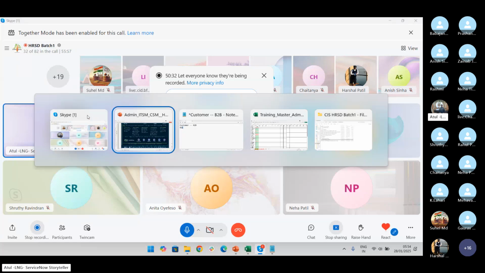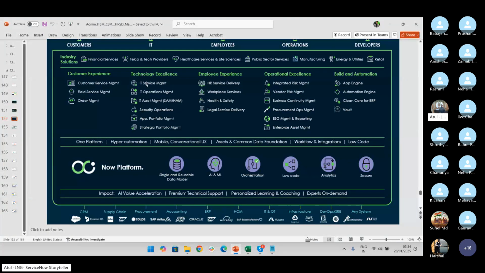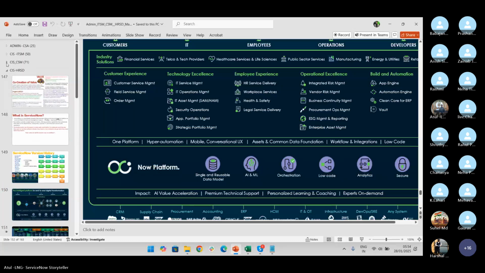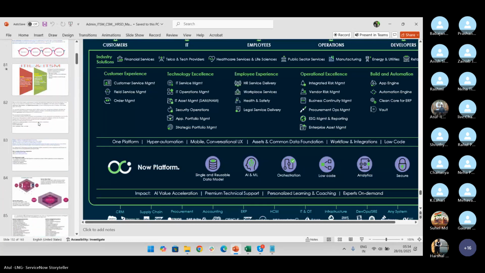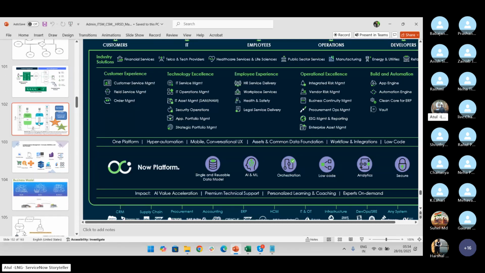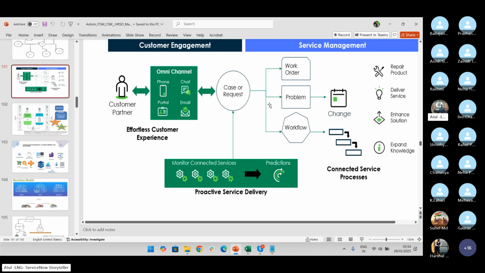So as of now, only CSM and ITSM have a linking. Let me show you something for the understanding, how CSM and this work. This is your CSM, this is your ITSM. But maybe if CRM also comes, then CRM also stands here, and in the background it has ITSM.